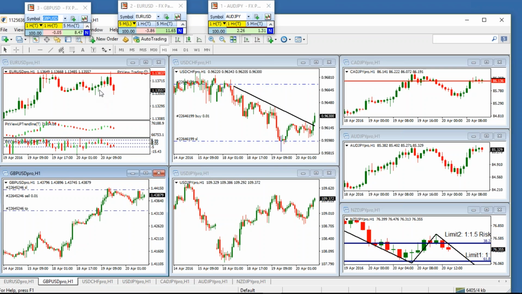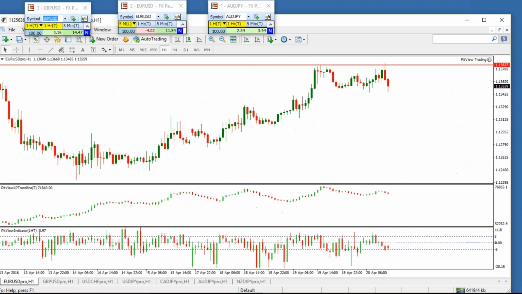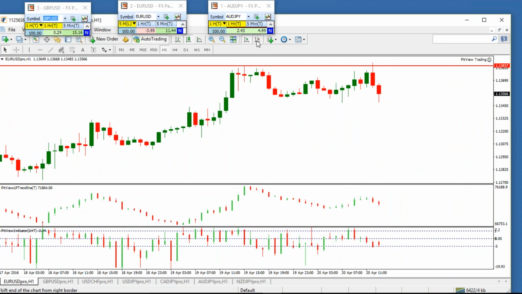Seeing what's happening with euro and the Swiss, it's the better scenario at this point, especially with the amount of support down here right below the 9600 level.